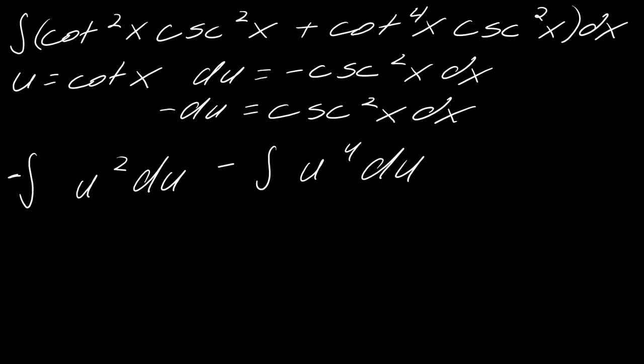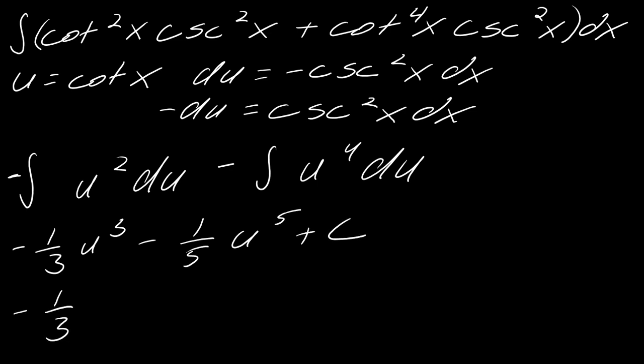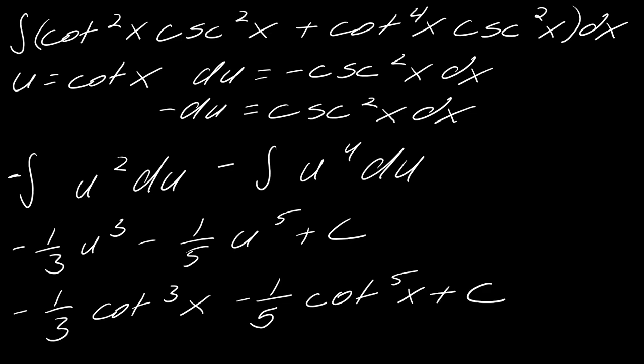Okay, so now this will be negative 1/3 u cubed minus 1/5 u to the fifth plus c. So this will be negative 1/3 cotangent cubed x minus 1/5 cotangent to the fifth x plus c. And we got that one.